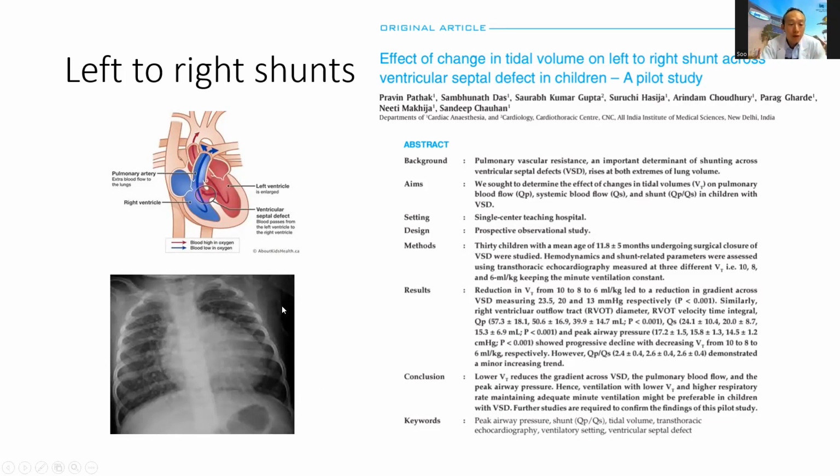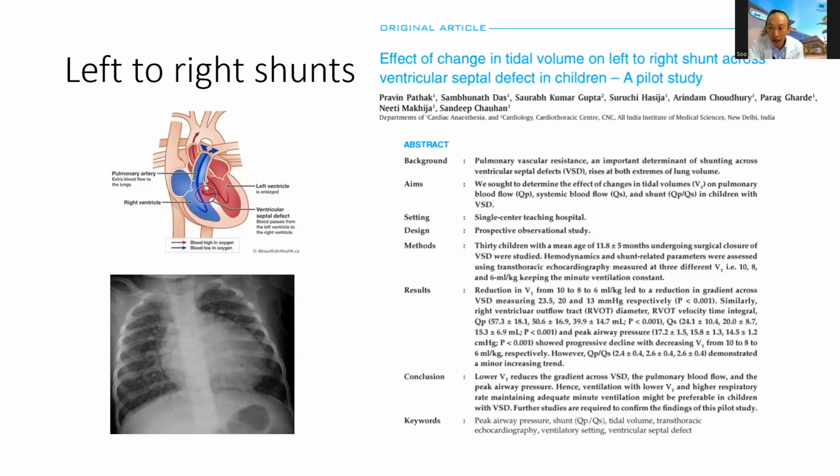So how do we ventilate this group of patients? There's a study here by the anesthetists. They actually went to the OT and did some form of experiment before they put the patient on bypass, before they operated on the patient. They tried using different amounts of tidal volume to see whether the shunt flow is actually increased or not.